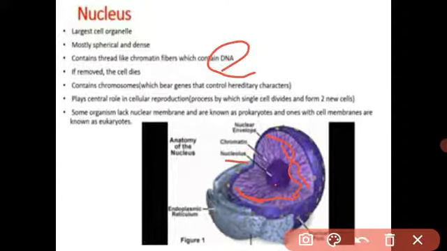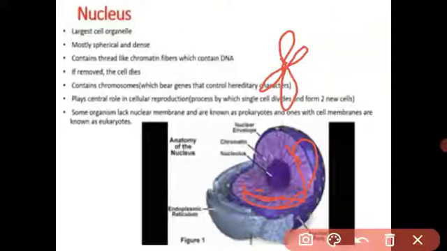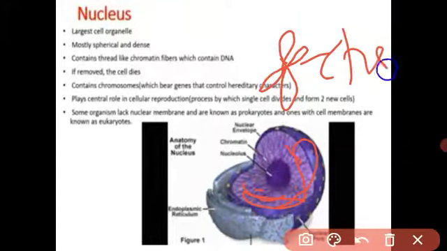Got it? This DNA is present in the nucleus. This is the chromatin fiber. Chromatin fiber contains protein and DNA. Whenever the cell divides, these chromatin fibers condense and make a structure called the chromosome.